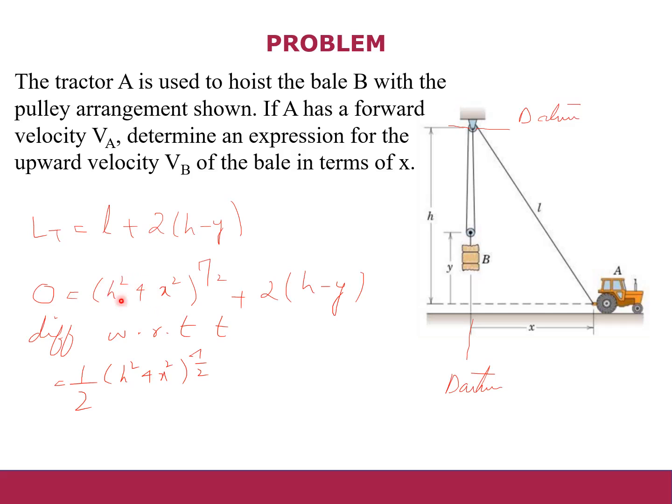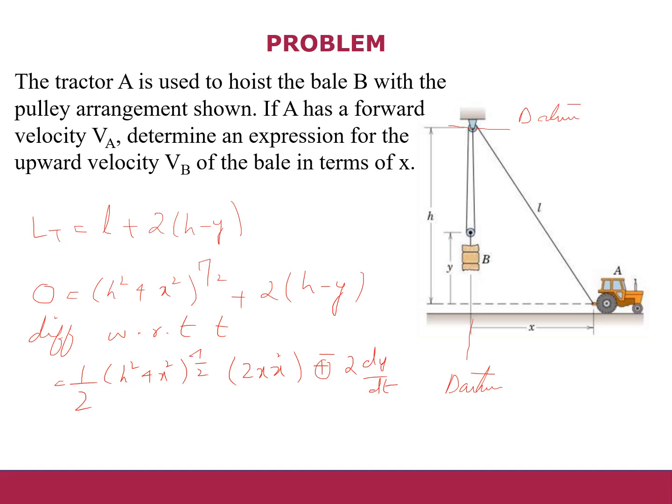Then you will differentiate this term, and you will get 2x into x dot, minus 2 dy by dt.